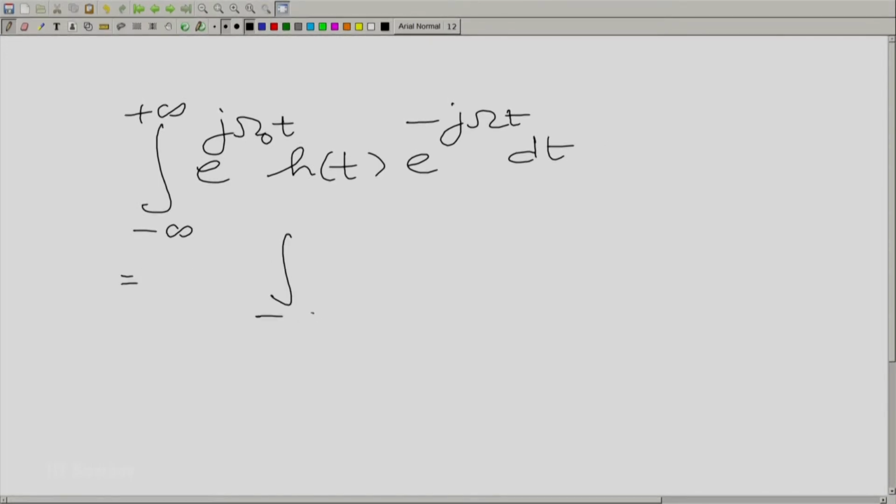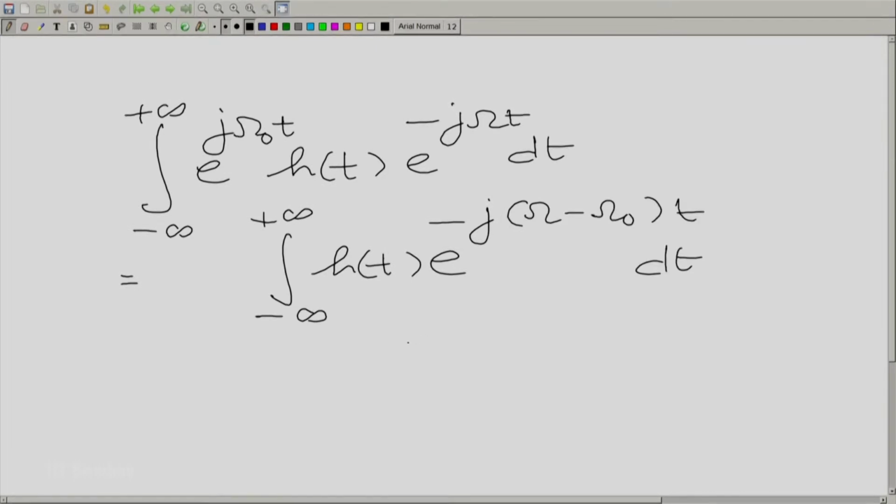And very easily you see that this is essentially h t e raised to the power minus j times omega minus omega naught times t dt, which is simply H of omega minus omega naught, and there you are, we have the answer.